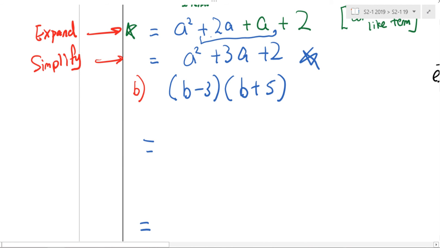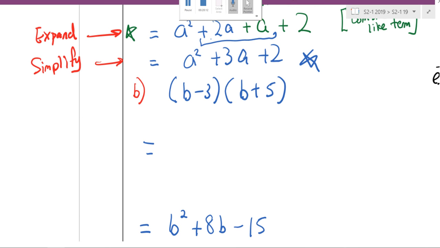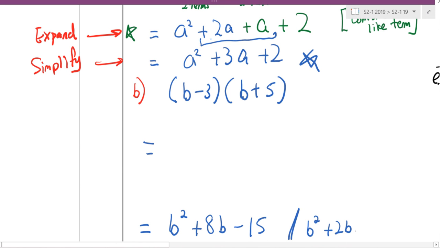What's your final answer? B squared plus 8B, sorry, 8B, and minus 15. Anyone got a different answer to challenge him? Oh, Li Fei, what's your answer? B squared plus 2B minus 15.